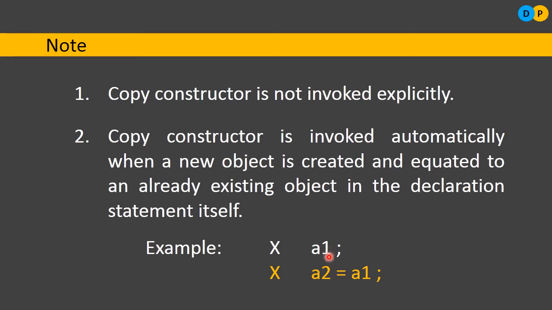How can that be done? Class name, new object equals old object A1. So the values of object A1 will be initialized to object A2.